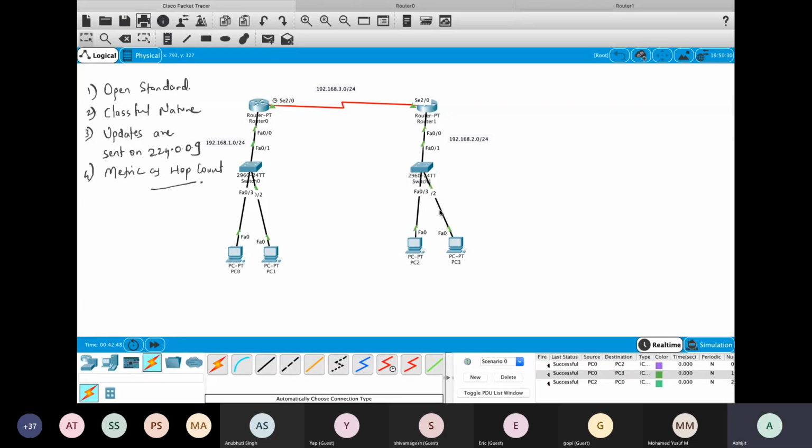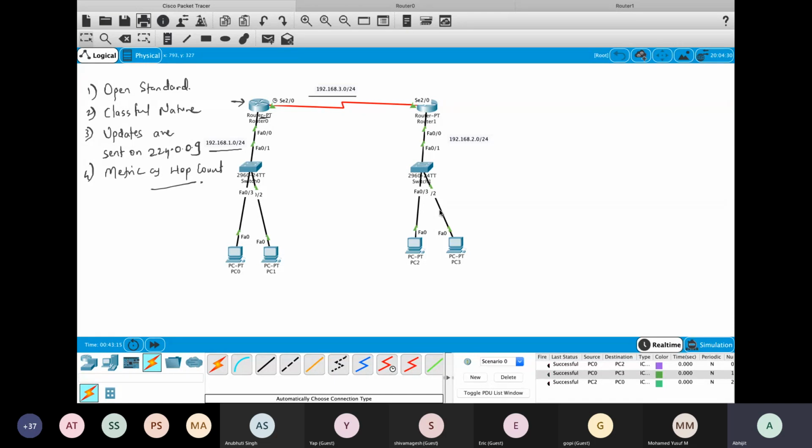Can you tell me, if I look into my router 1, then my router 1 actually has two different routes advertised. On router 1 we have advertised 1.0, and on router 1 we have advertised 3.0.